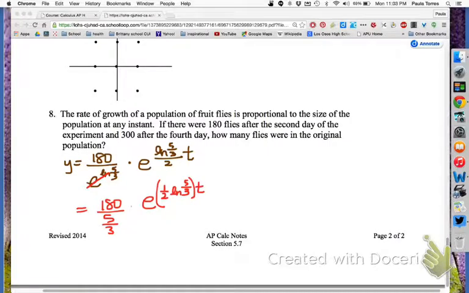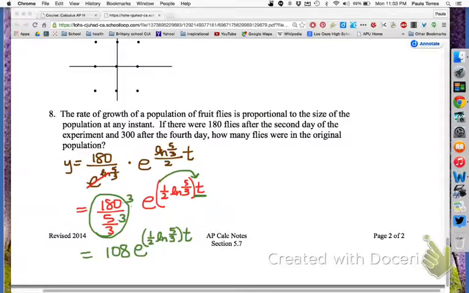And of course, I can reduce this really ugly fraction to 108. Now, I cannot put this back up. Do not think you can, because the t is sitting there. He's blocking it. So I have to leave it like so.